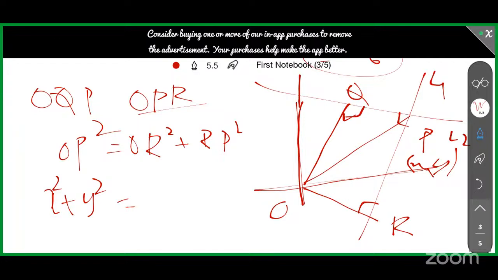Read the question carefully. In the beginning, they have given two important things. And when I drew the diagram also, I told two things very importantly. First of all, you did not analyze the question. What did they tell in the question?